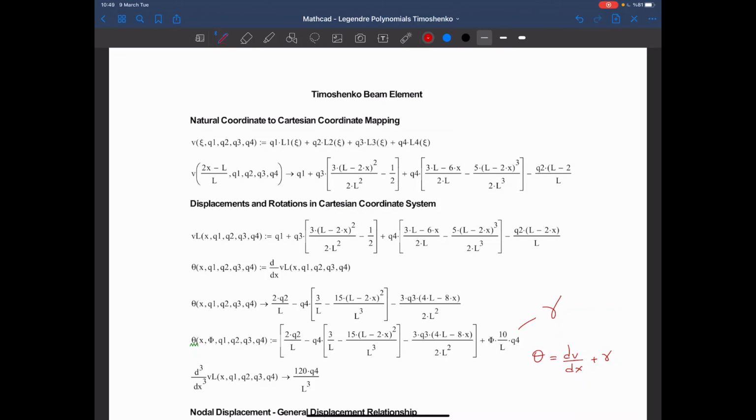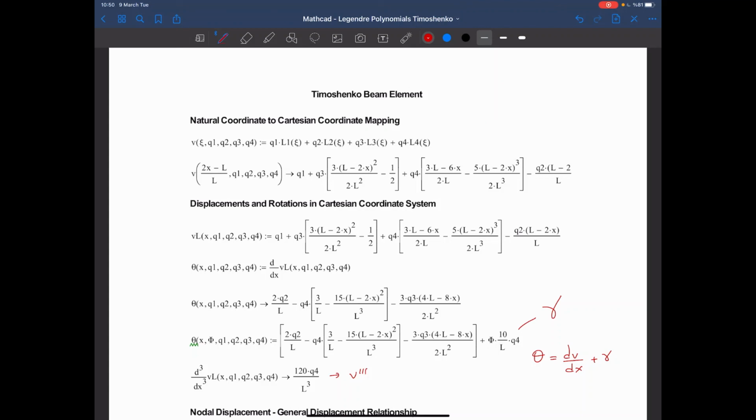How did we obtain this 10 over L? Remember that we use the third derivative. This is the third derivative of the shear deformation, which is equal to 120 Q over L cube.